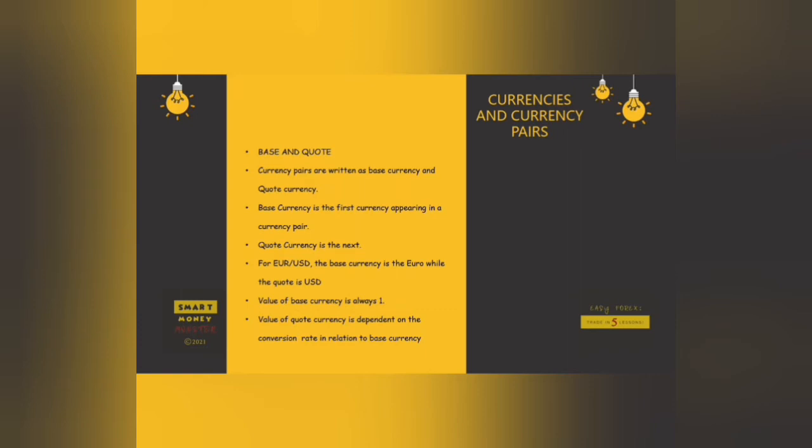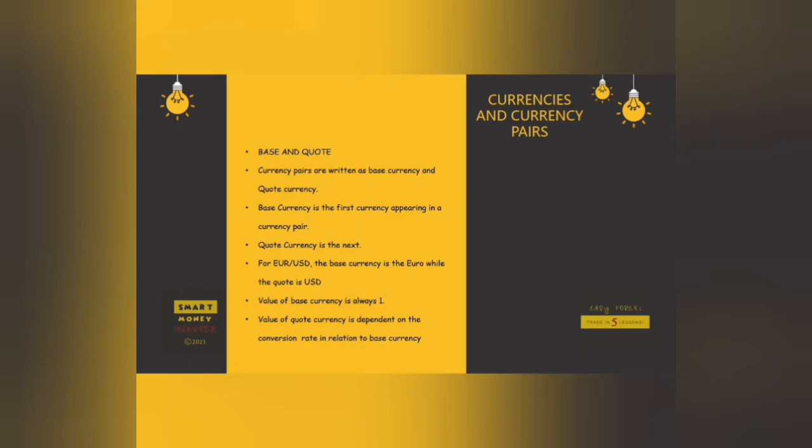So when you say euro dollar, euro is the base currency, dollar is the quote currency. If you say dollar yen, dollar is the base currency, yen is the quote currency. If you say kiwi Aussie, kiwi is the base currency, Aussie is the quote currency. So the first one you call is the base currency, the second one is the quote currency, right?